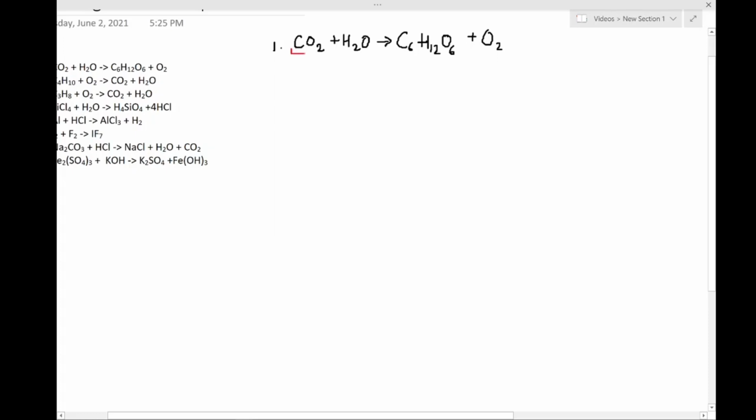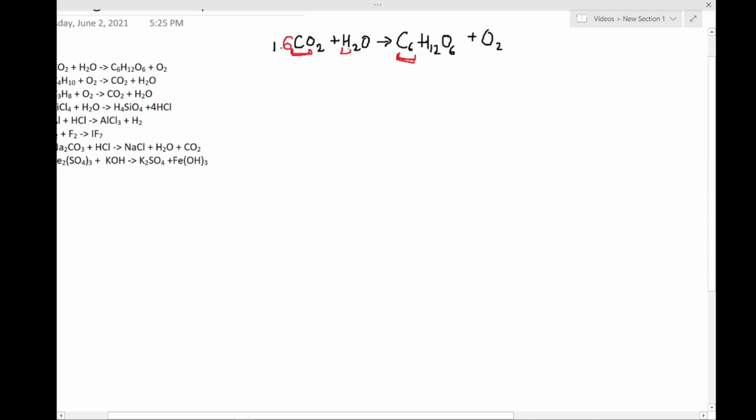Now that would be carbon and hydrogen. So over here we have CO2, and the carbon that reacts over here comes back here to give us 6 carbons in the product. So what I'm going to do is add a coefficient of 6 here.